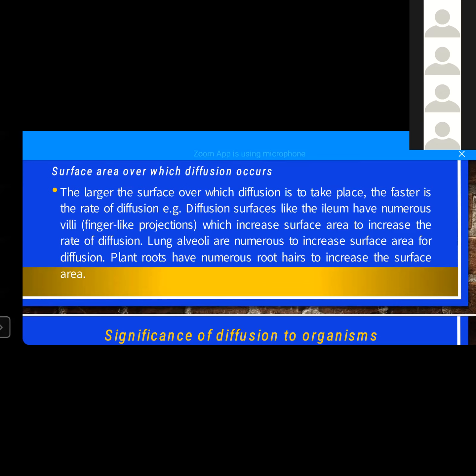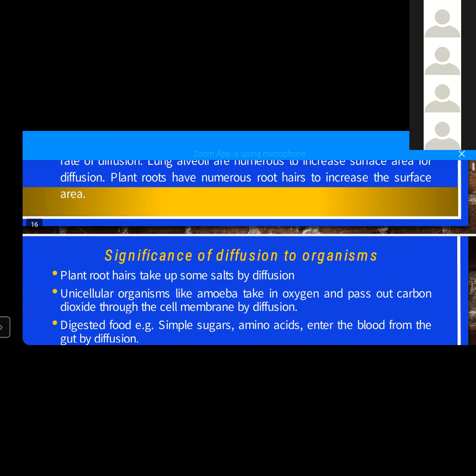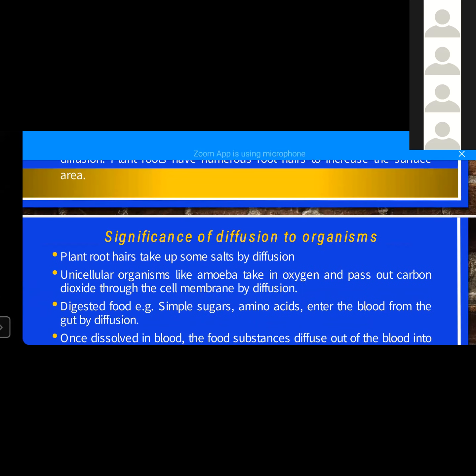Absorption is able to occur because in the soil, we will have high concentration of water molecules. There's a lot of water in the soil compared to the plant itself, compared to the roots. So water will move into the roots by diffusion. That's where we started. One of them is the root hair, the importance of diffusion.